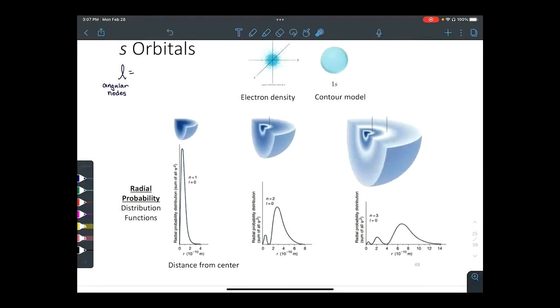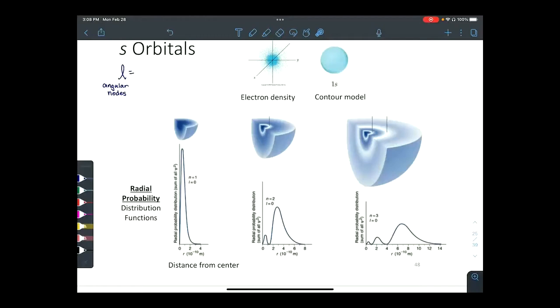Another way we can describe finding an electron is with a radial probability function. So how this graph works is, if you think of an orbital, and remember all these orbitals represent the probability of finding an electron, pretend you are the nucleus. And you start to walk outward, so you extend your radius out, and you plot the probability of finding an electron a certain radius away from the nucleus.